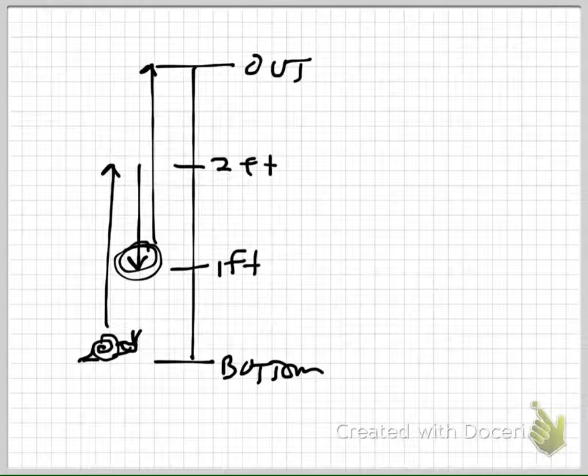See, you solved a simpler problem. And now if I was to say, okay, what if it was a 100-foot well? How long would it take the snail to get out? 99. You took a simpler problem, and you figured out that it is 1 less day than you'd think. Does that make sense? And so if it was a 1,000-foot well, it would take 999 days. You see what I'm saying?